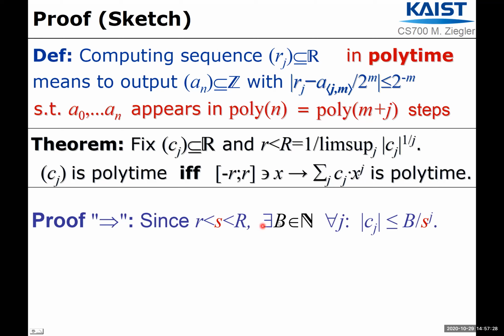And for this real number, the very property and definition of the limit superior says that for all but finitely many of these coefficients, they grow asymptotically at most as 1 over s to the j. That's the very definition of the limit superior, right? So r is 1 over limit superior, s is strictly less. That means for all but finitely many, this quantity will be actually greater than s.